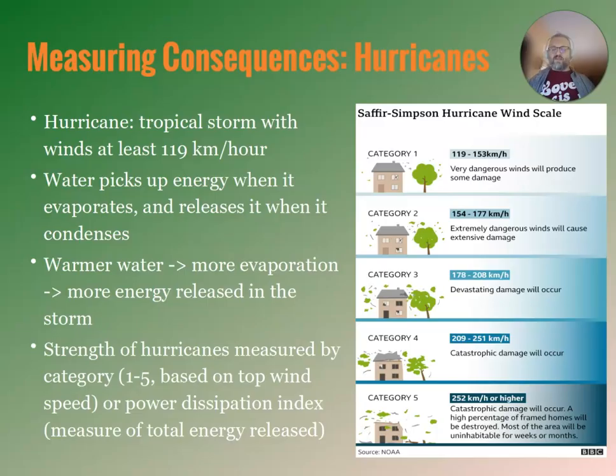So the wind speed is going to correlate with the energy being released because that energy is driving those winds. So we've got this 5-point scale for how strong hurricanes are. Category 5 being the strongest hurricanes, the ones with the fastest winds, the most energy being produced, and therefore doing the most destructive damage when they hit land.